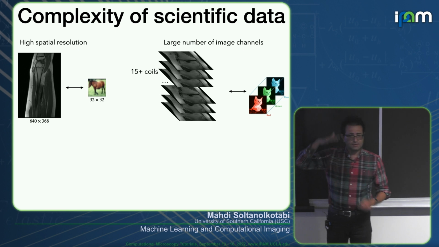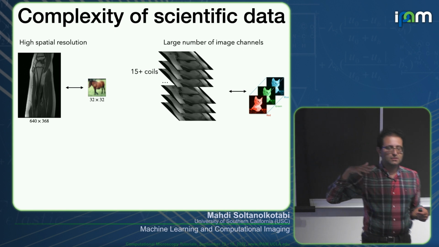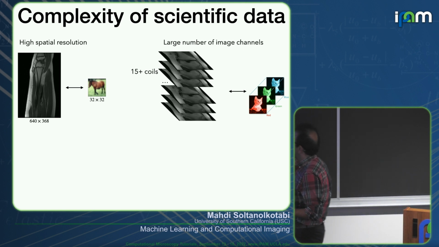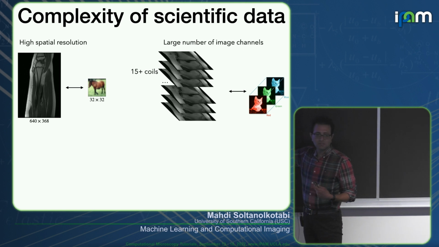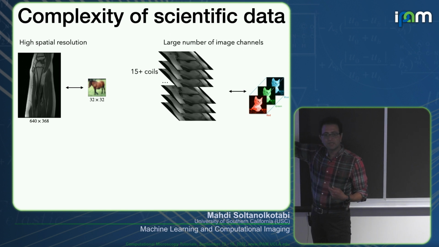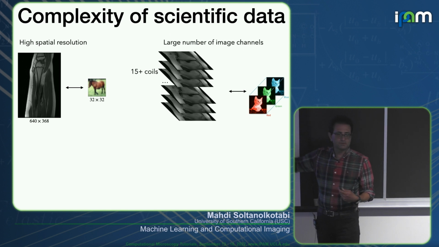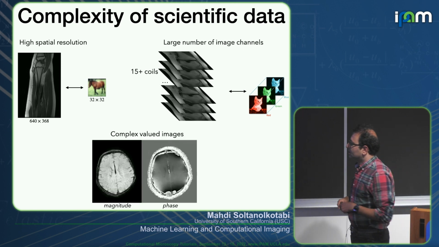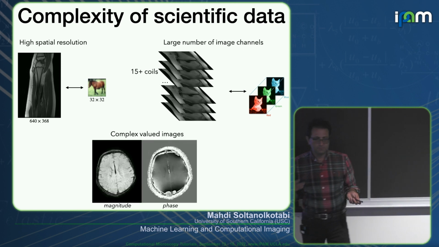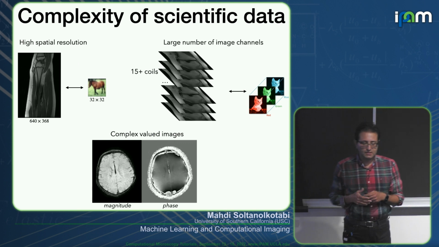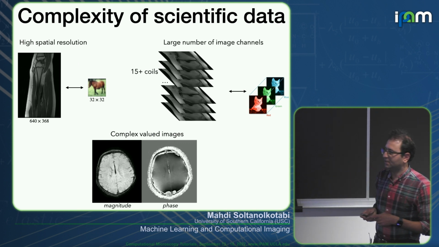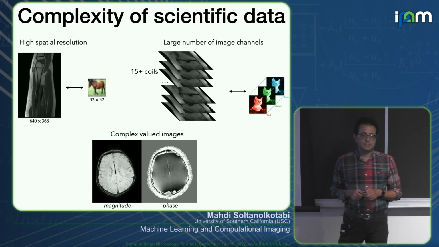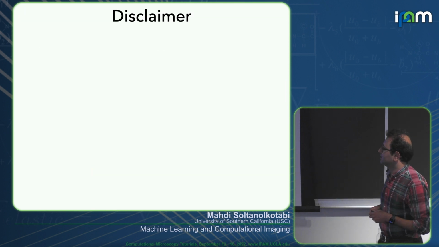Typically the dimensions are also much larger. There's multiple channels. In internet imaging, maybe you have RGB colors, but in scientific data, for example in medical imaging, you might have 16 coils, right? So even in that sense, it's more complex, right? Another example is you might have both magnitude and phase, right? So typically scientific data, I would argue, is more complicated than the kind of data sets you might encounter on the internet.